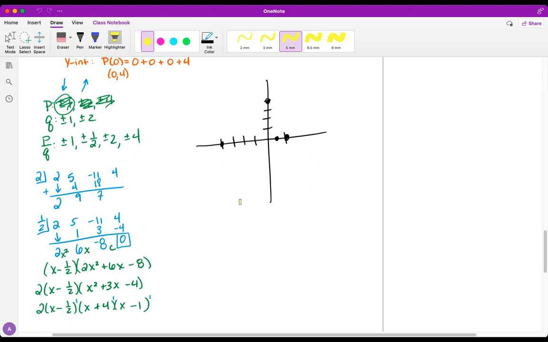The end behavior was up on the right and down on the left. And since our multiplicity is odd, the power on each of those factors is odd, then as I connect the dots, we're going to cross over the x-axis each time we get to a 0.